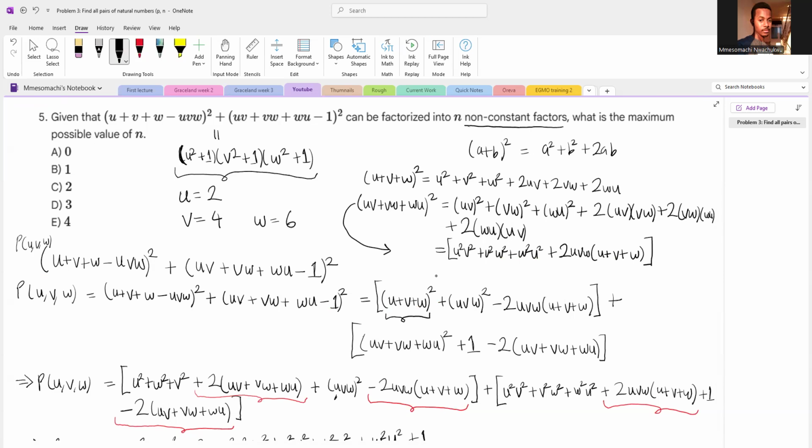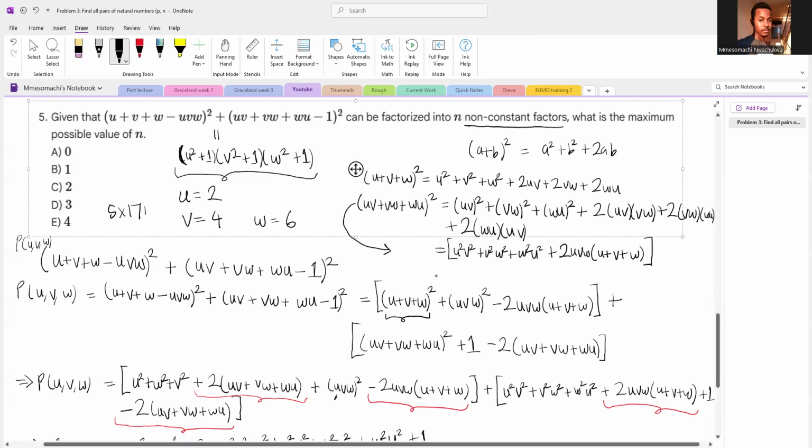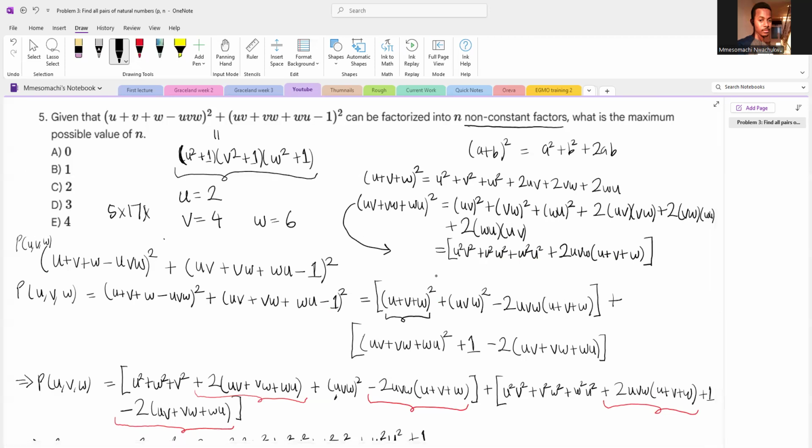So U squared plus 1 is 4 plus 1, so that will be 5, times 4 squared plus 1, so that's 16 plus 1, so 17, times 6 squared plus 1, that's 36 plus 1, that's 37. So it's 5 times 17 times 37, and we see that we can't factorize it any further. So it's just 3. So basically the answer is D, which is 3.